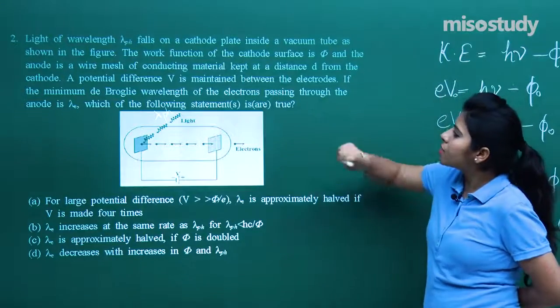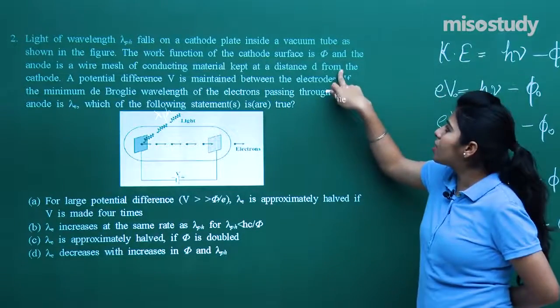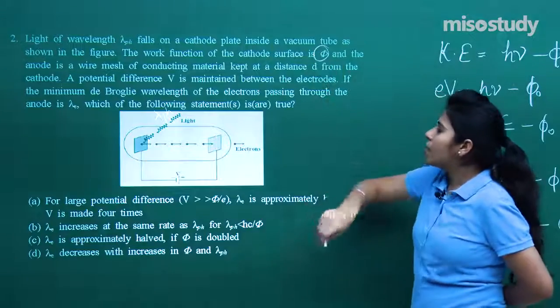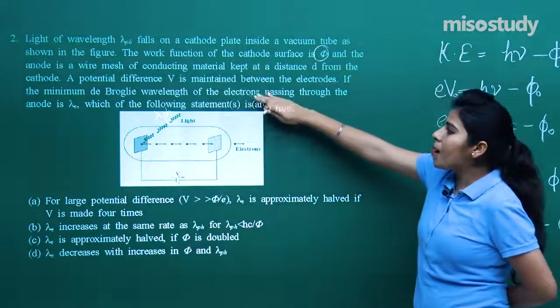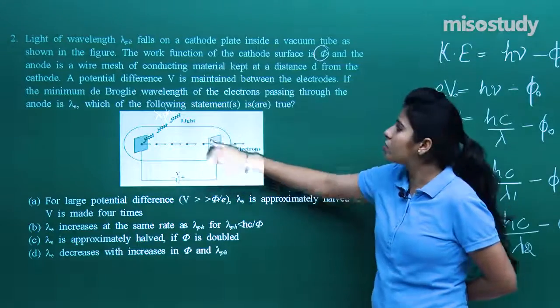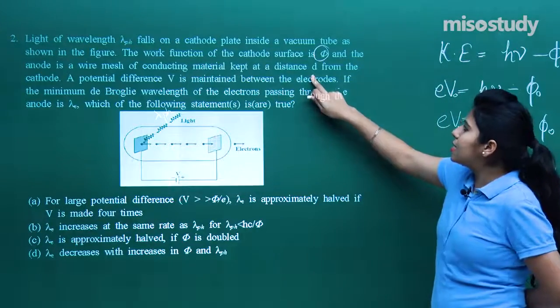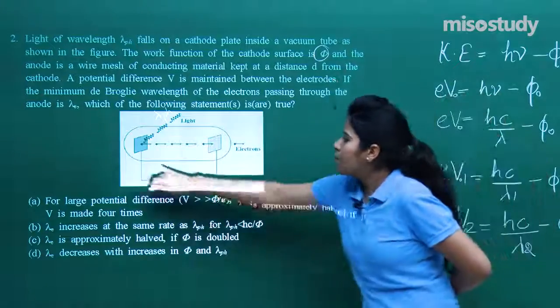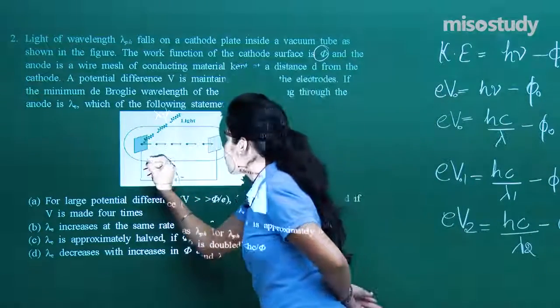Further, the work function of the cathode surface is phi, and the anode is a wire mesh of a conducting material. This is the anode and this is a wire mesh kept at a distance d from the cathode. Suppose this is a distance d.